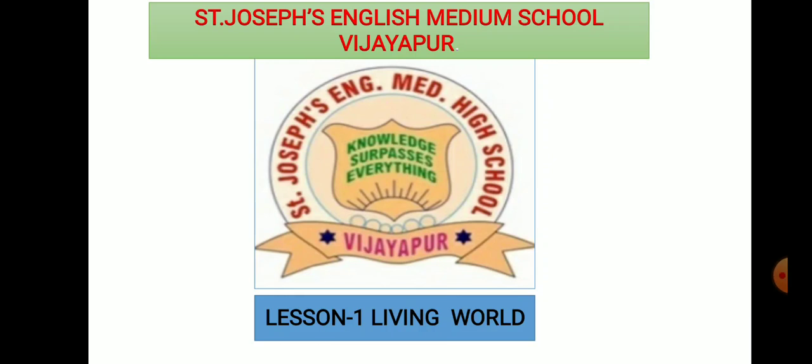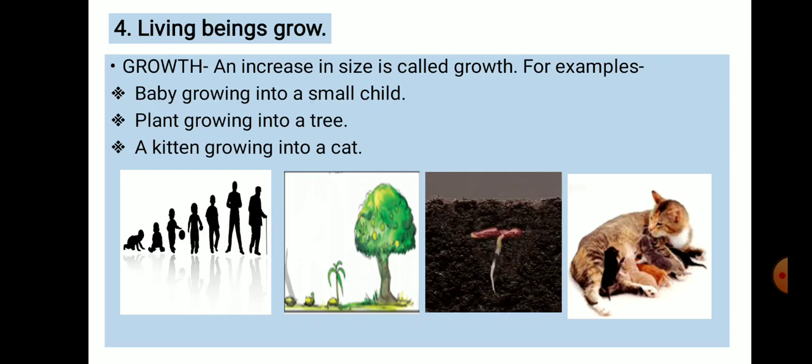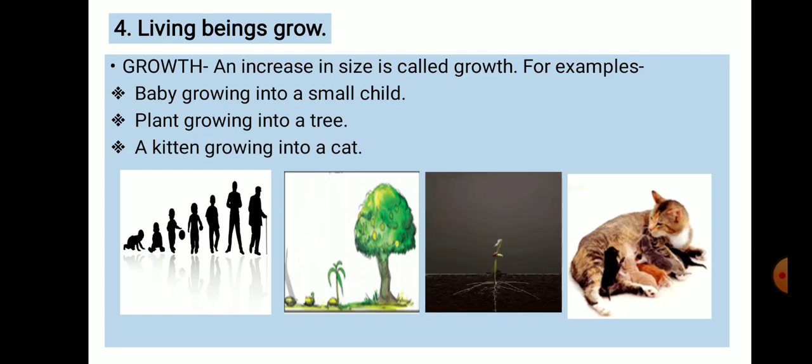Today we are going to learn the next characteristic of living beings, which is growth. What is growth? An increase in size is called growth. For example, a baby growing into a small child, a plant growing into a tree, a kitten growing into a cat.